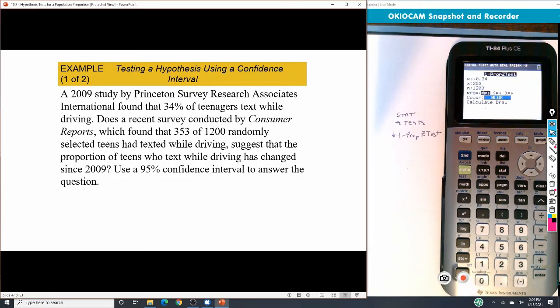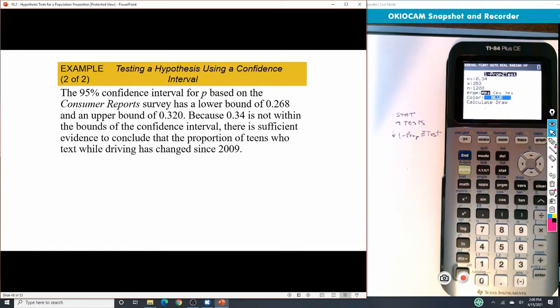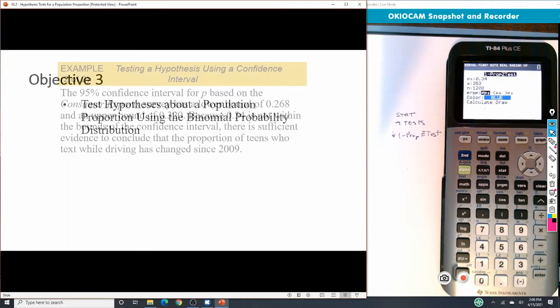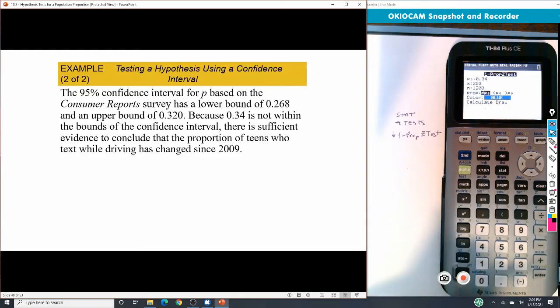Now again, this one should be does not equal. So they just say that it's changed. Okay. And so we would calculate there for those.